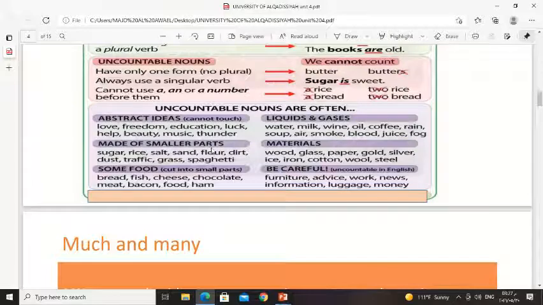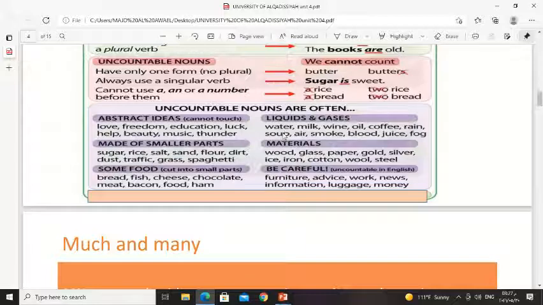Made of smaller parts: sugar, ice, salt, sand, flour, dirt, dust إلى آخره. Liquids and gases أيضا أسماء غير معدودة: water, milk, wine, oil, coffee, rain, soup.